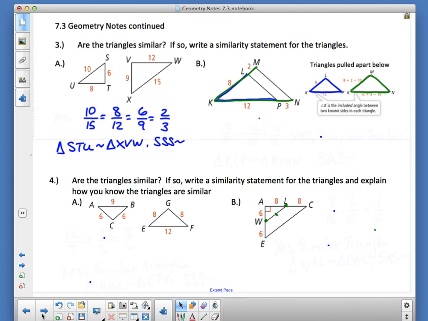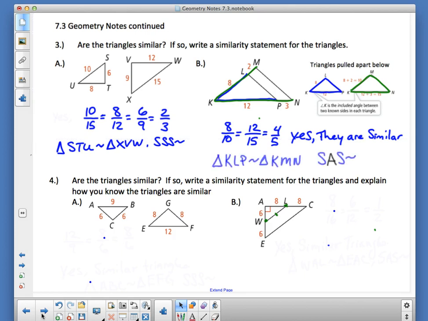So that's what I'm looking at if I set that up. So I've got my sides and they have the same proportion. And my angle is the same because angle K is the same in both triangles. That's that overlapping area. So they are similar. And I want to make sure you recognize it's similar by side-angle-side similarity.